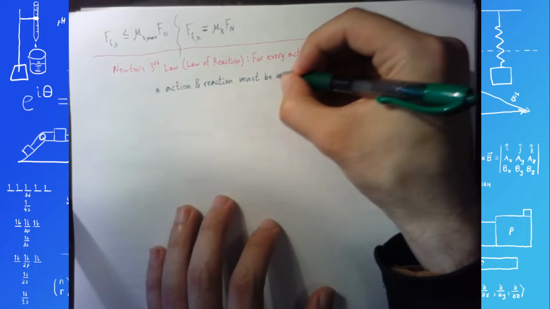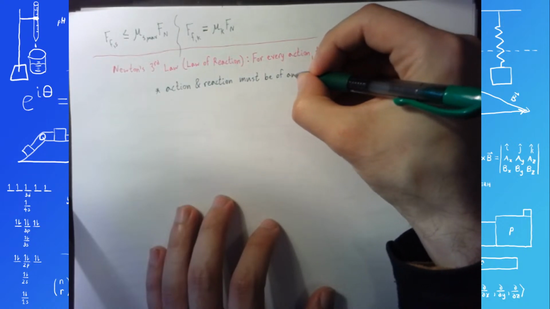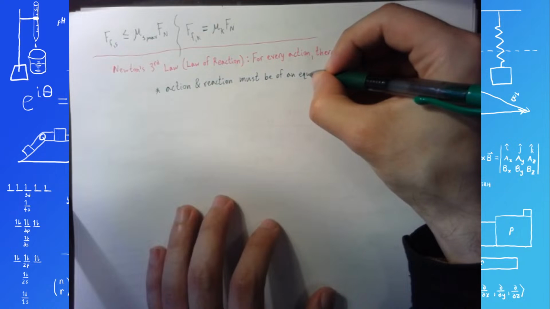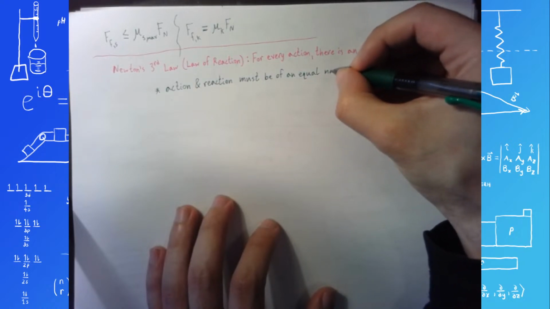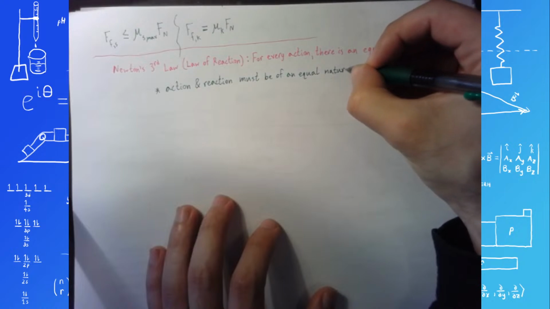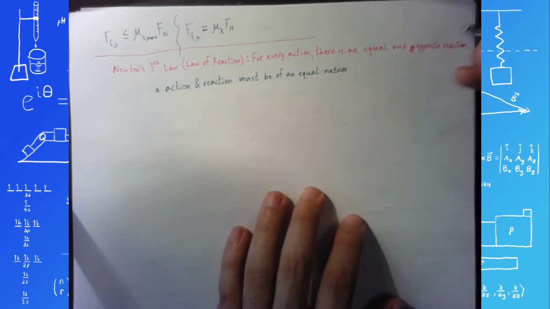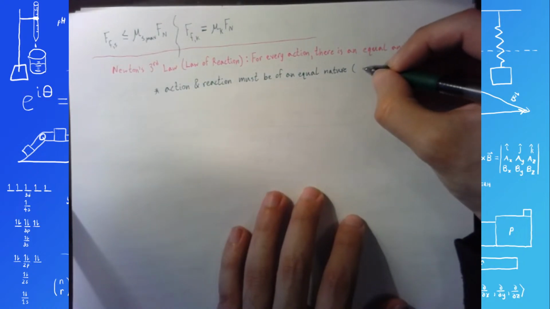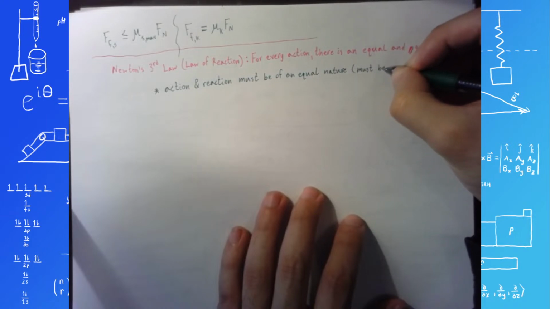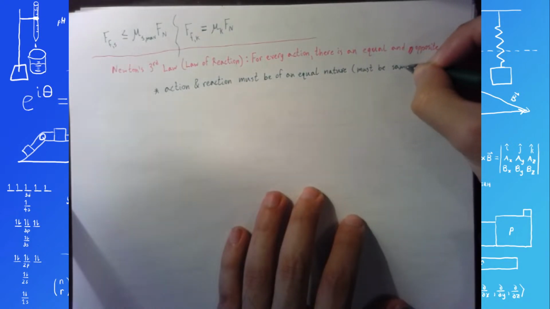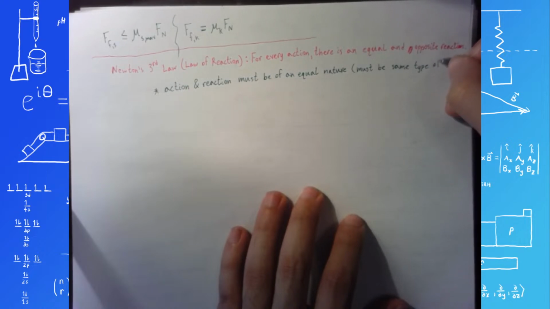That's just a fancy way of saying they must be the same type of force, of an equal nature or character or whatever you want to substitute this word with. Translation, must be the same type of force.